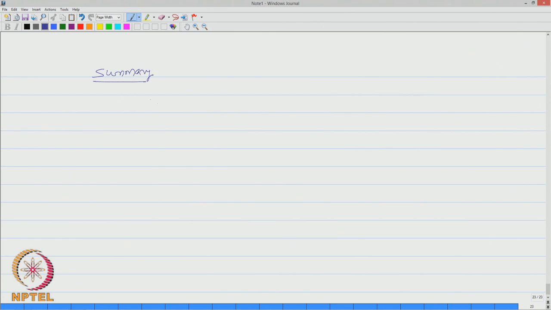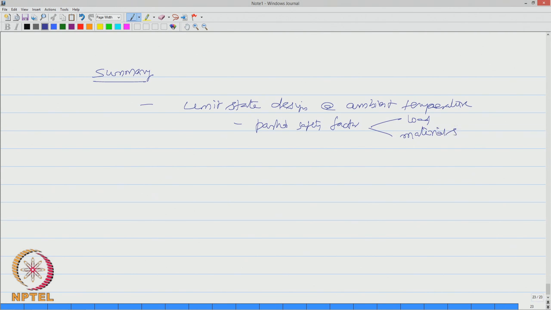So, friends, we understood that conventional limit state design at ambient temperature uses partial safety factors for both load and material strength. This is only to account for various uncertainties.